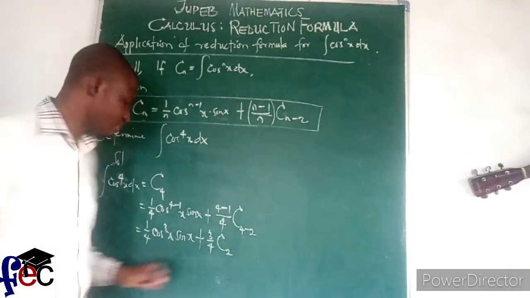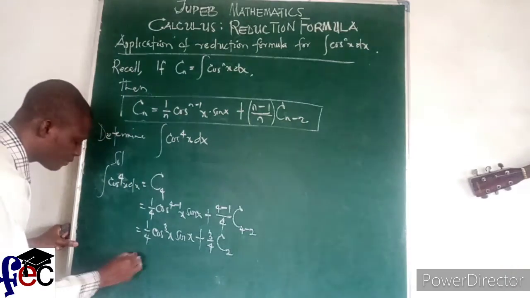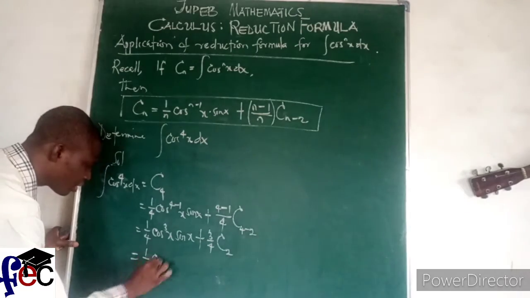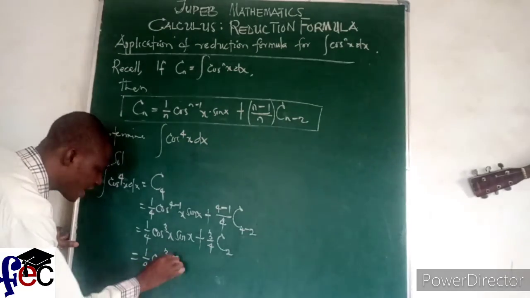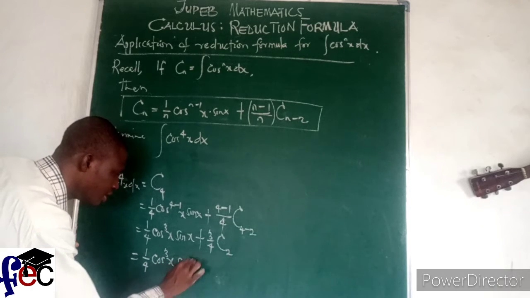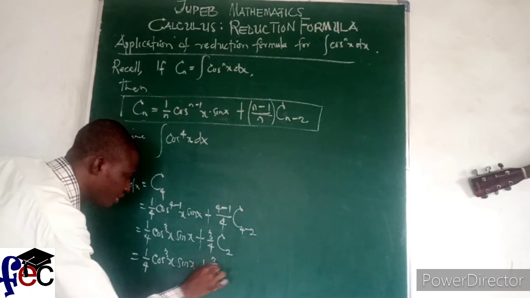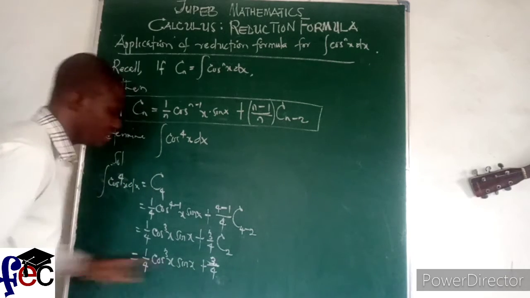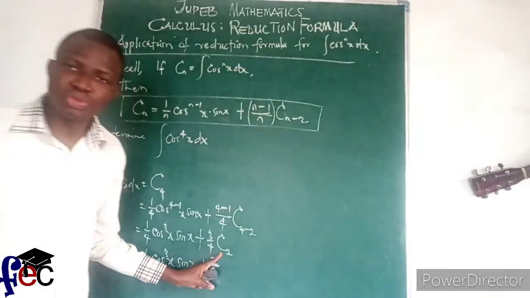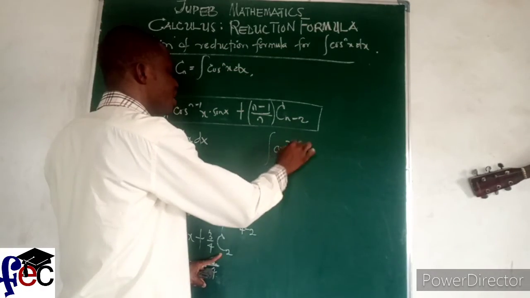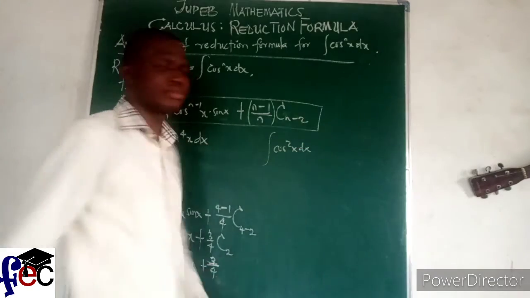Do you get that now? So this is going to be 1 over 4 cos cube x sin x plus 3 over 4. Can you see this C sub 2? Do you know what it means? It means the integral of cos square x dx.